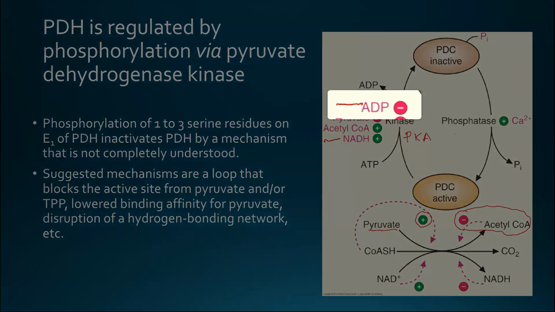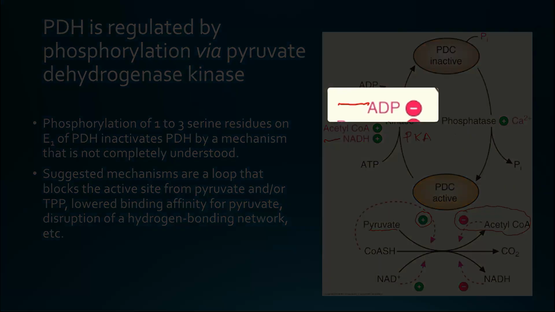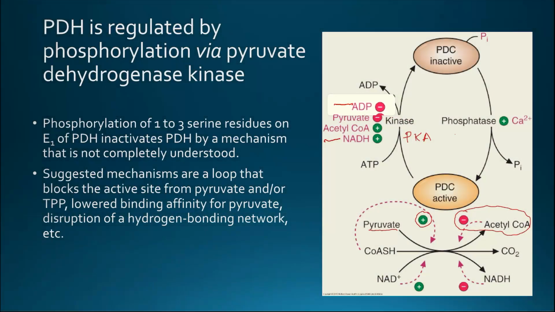So let's look at ADP. If there is an excess of ADP, that would indicate that the energy charge of the cell is somewhat low, because you would like the energy charge to be high and the ATP concentration to be high and therefore the ADP to be low. Well, if the energy charge is low and the cell needs energy, you want this pyruvate decarboxylase to be active.